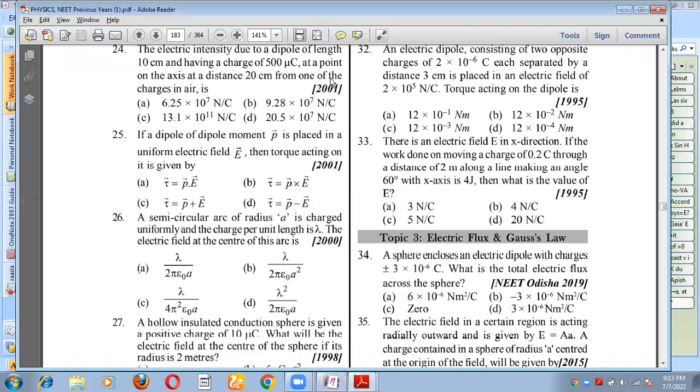Then it says, work done on moving a charge of 0.2 coulomb through a distance of 2 meters along a line making an angle 60 degree with x-axis.